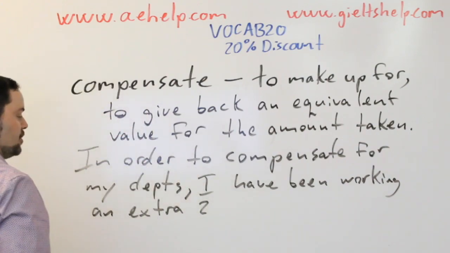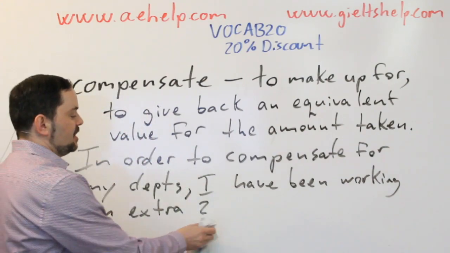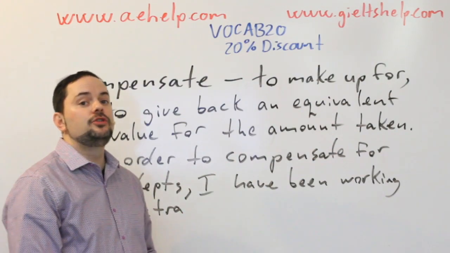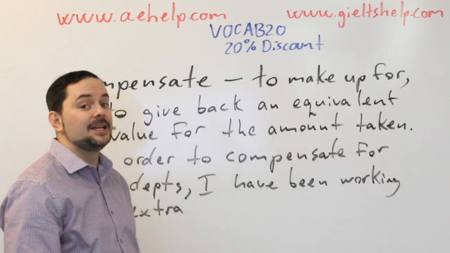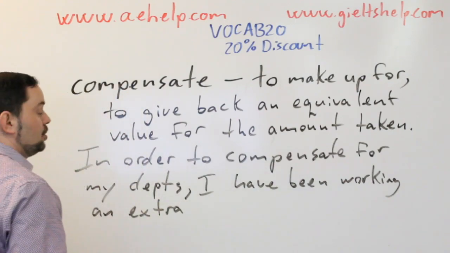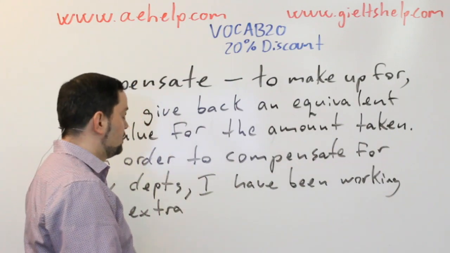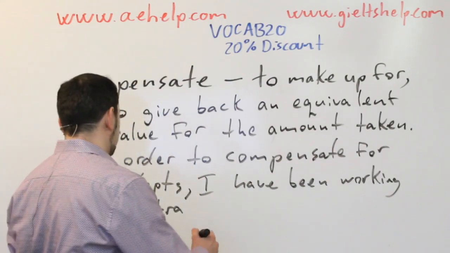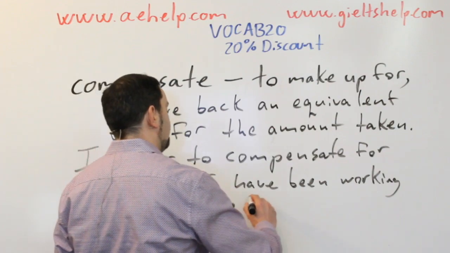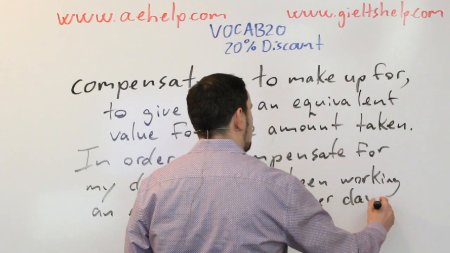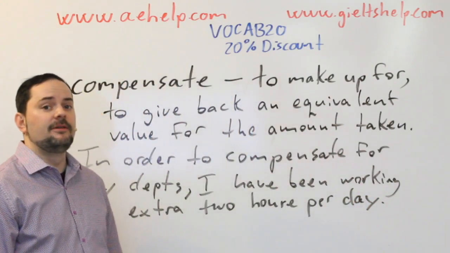Now, when you're writing in the IELTS exam, make sure that you write words for numbers 0 to 10 in the writing section. In the listening section, use numbers. In the reading section, use numbers when you're answering questions. But in the writing, use words. So extra two hours per day. Okay, that was a really good example, Pavan.